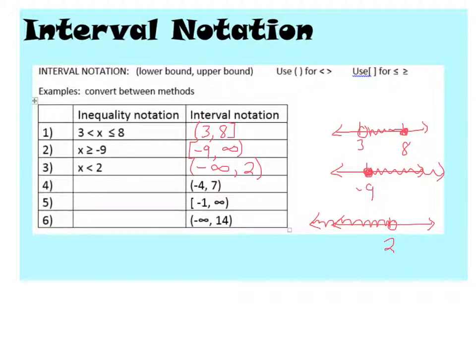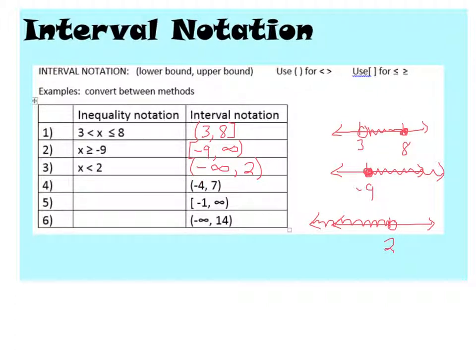Now, let's just practice going the other way as well. And sometimes, and it'll depend on the textbook, but our textbook pretty consistently uses interval notation. But let's say you look at the back of the book and you see this. What would that look like in inequality notation?